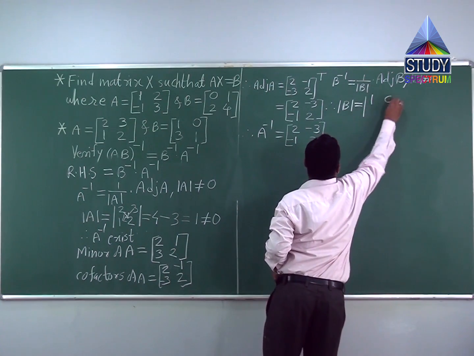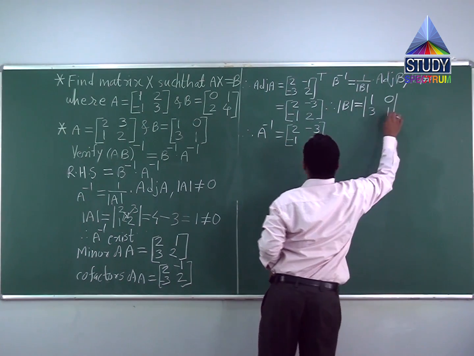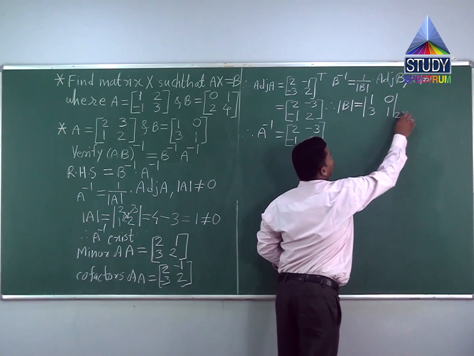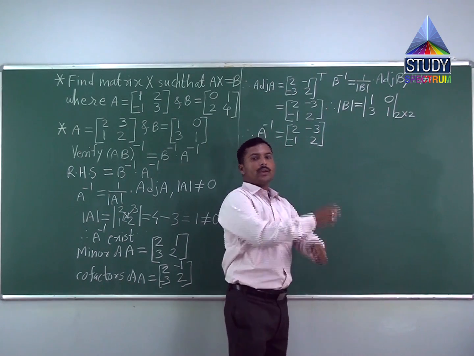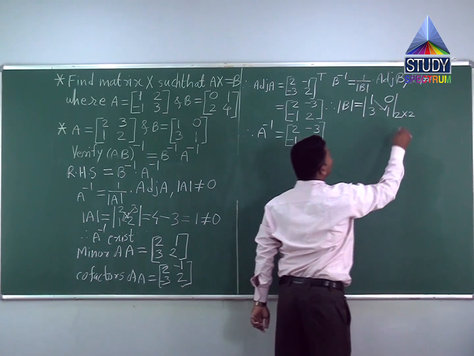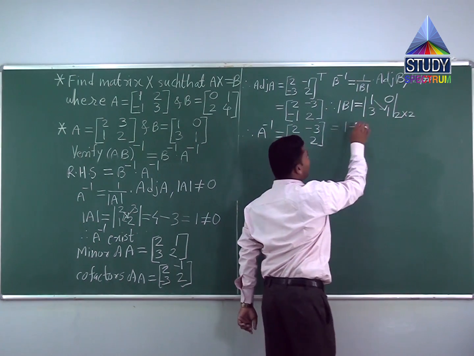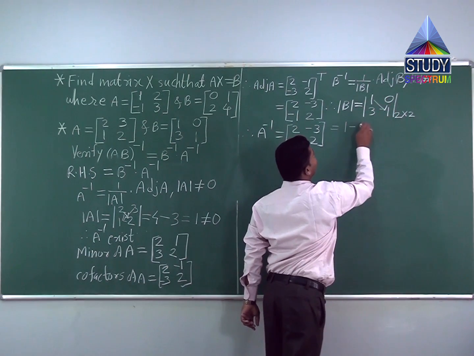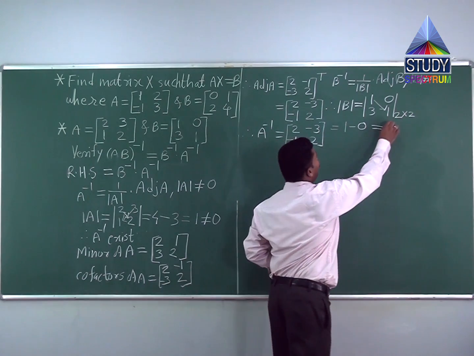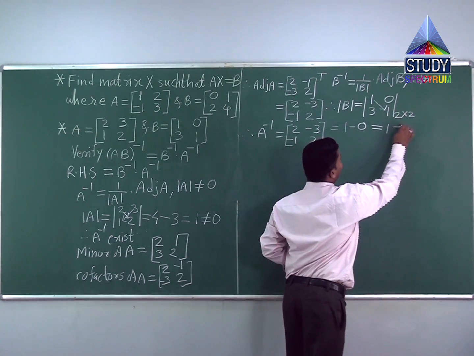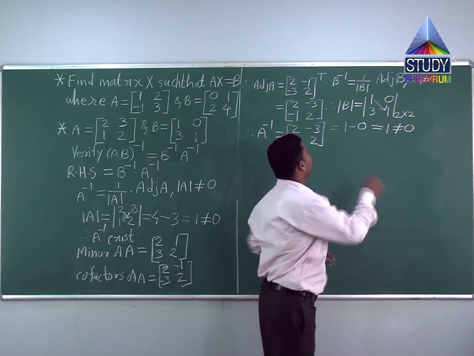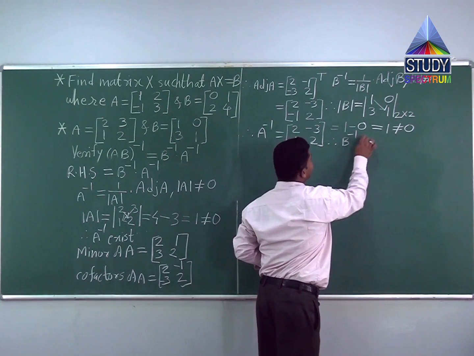Again this is a second order determinant, so we use the idea of cross multiplication. 1 into 1 minus 0 into 3, which is 0, equals 1 minus 0, which is 1, and this is not equal to 0. Therefore the determinant of B is not equal to 0, and B inverse exists.